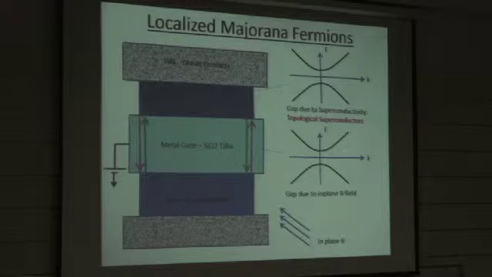And it turns out that at the junction between the proximitized gap and the broken time reversal symmetry gap, new excitations emerge, zero energy excitations. These always appear in pairs, and these are known as Majorana excitations. And one of the remarkable properties of these excitations is that they're predicted to have what's known as non-abelian statistics.